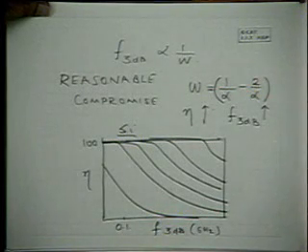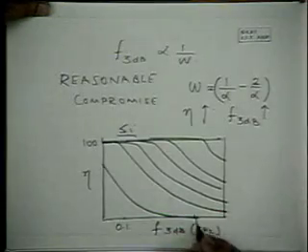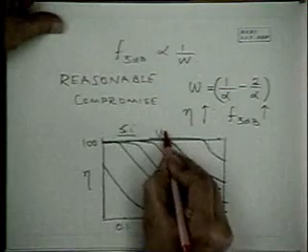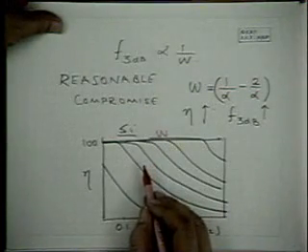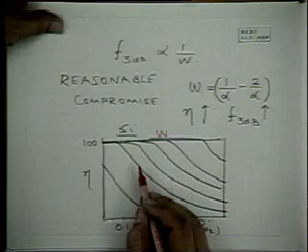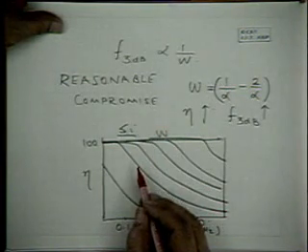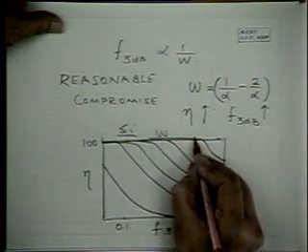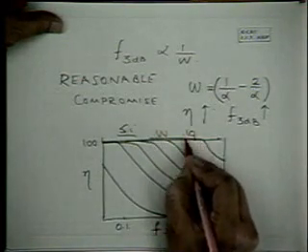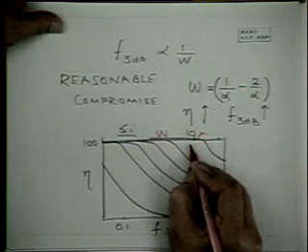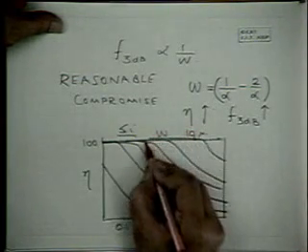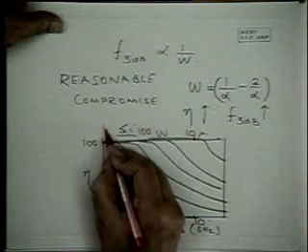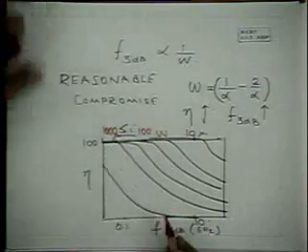Frequency going from 0.1 to about say 10 gigahertz, and on this side we have the W, which goes from 10 microns to 100 microns to 1000 microns.